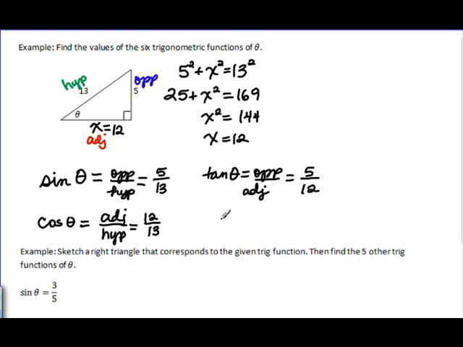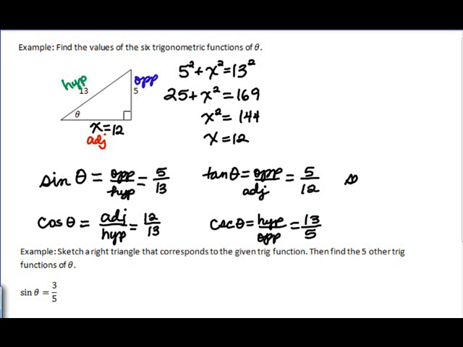Okay, now I can do the reciprocals. So we have cosecant is going to be hypotenuse over opposite. And I tell you, I don't memorize the cosecant, secant, and cotangent. I just know them based on the other three functions. So hypotenuse over opposite would be the reciprocal of 5/13, which would be 13/5.